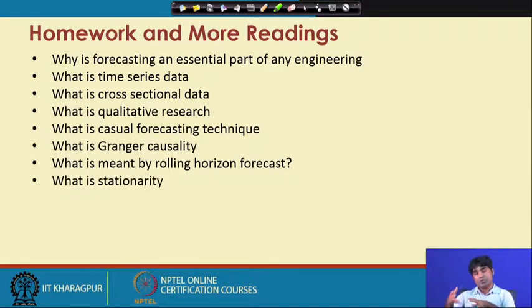Before we close these lectures, I would like to suggest that you go through some of the components, like understanding the forecasting structure, the data structures like time series data, cross sectional data, qualitative research, forecasting with different techniques like smoothing techniques, moving average, and some of the advanced techniques like regressions, causality, stationarity.